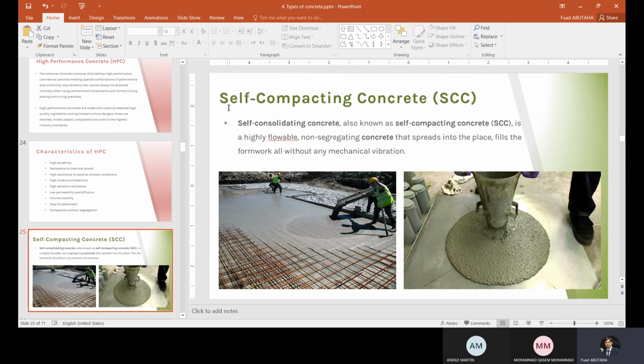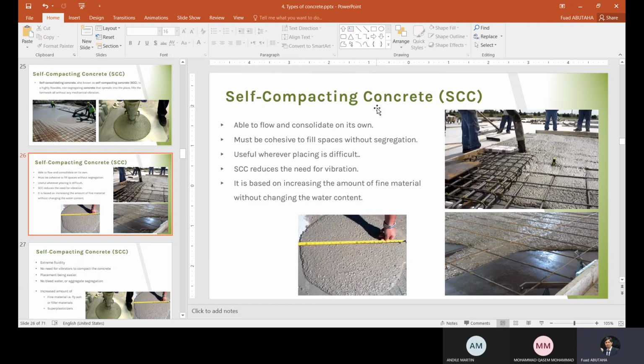We have another type of concrete, which is self-compacting concrete. Self-compacting concrete is a concrete that has high flowability and can easily reach all the spaces, and it doesn't require any mechanical vibration to fill all the spaces or to remove the bubbles.